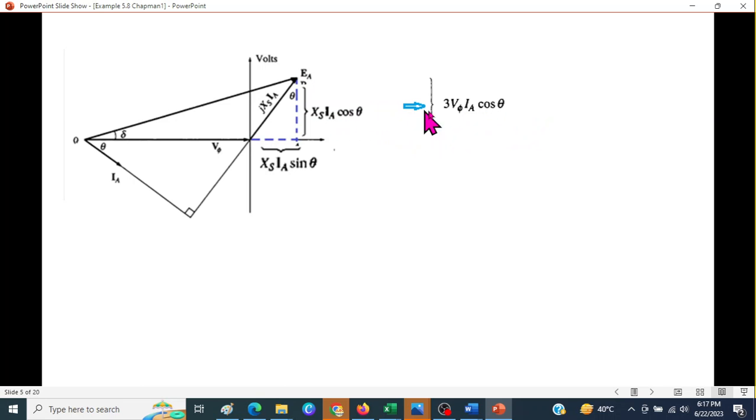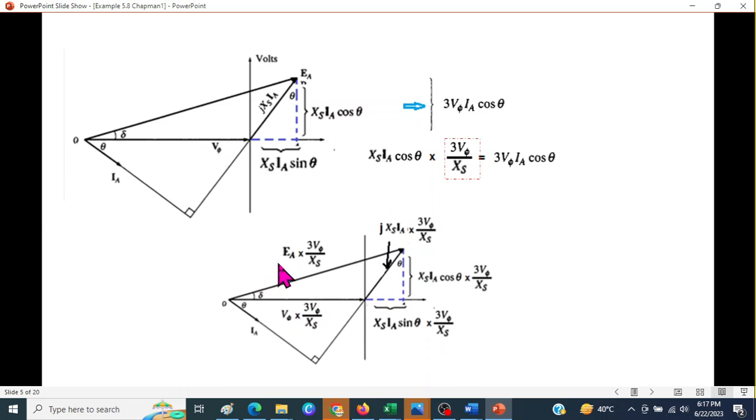And now if you compare these two, what we have to do to convert this into this? So look here, if you multiply this term by 3Vφ over XS, then we get this result here. So that means this is the multiplying term. So we'll use this term to multiply all the parameters to convert this diagram into a power diagram.